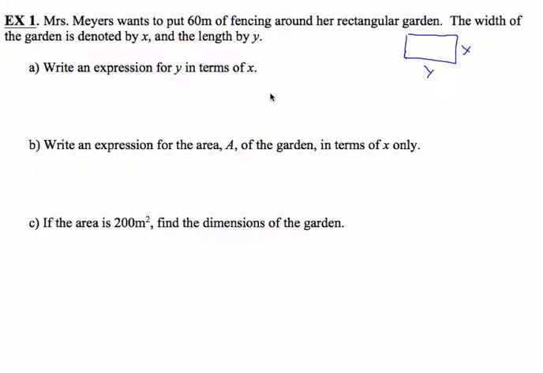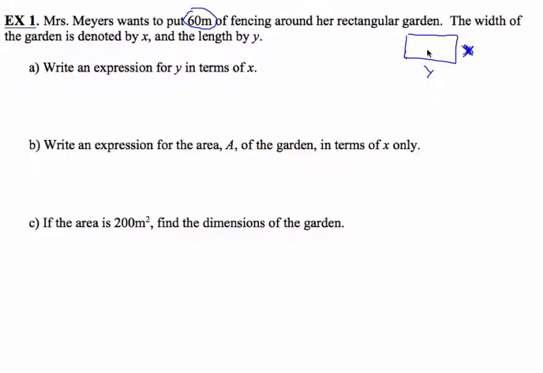The reason we're doing that is you usually want one variable in your equation so that you can solve for certain things and graph it and stuff like that. So we want y in terms of x so that we just have x here. Okay, and the key is the 60 meters right here.